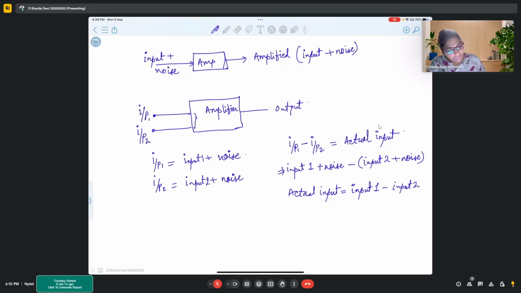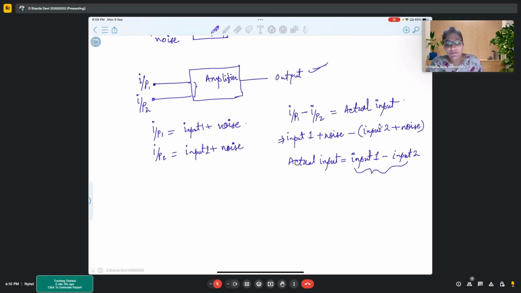So you have a differential input to the system, a difference of two inputs, and your output will come out accordingly. This particular type of amplifier is known as a differential pair or differential amplifier.